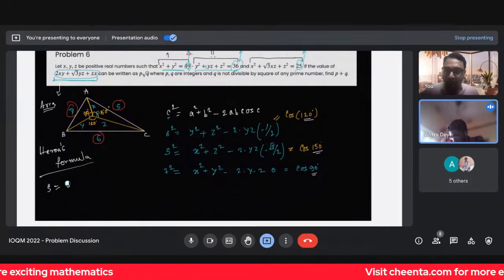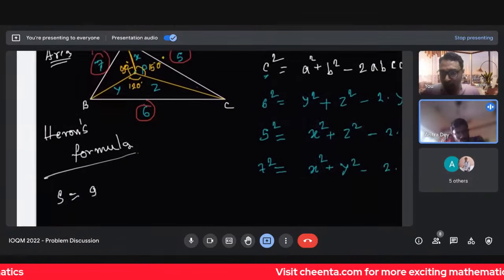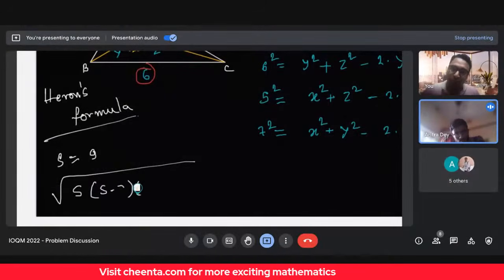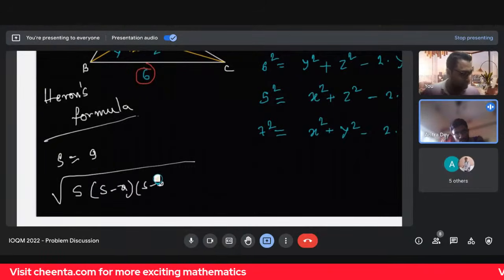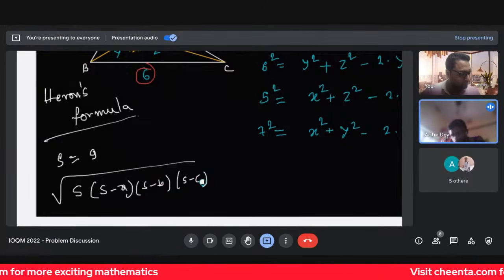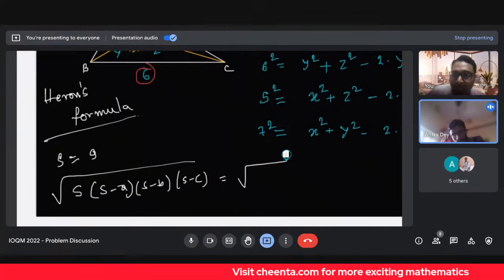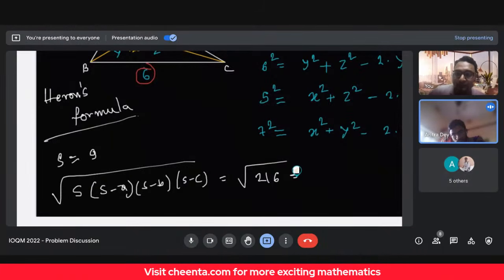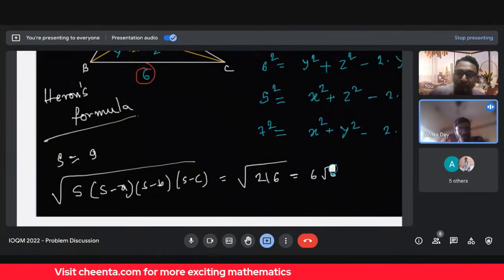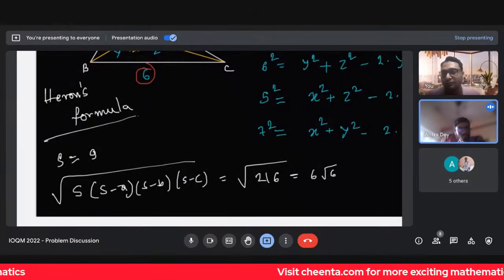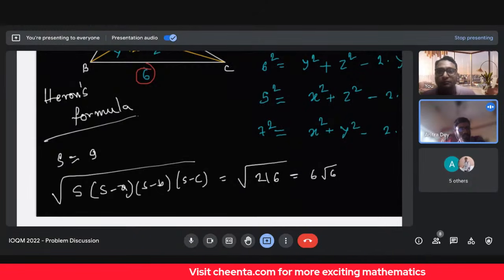If we use this classic formula, root over S times (S minus A) times (S minus B) times (S minus C), you find the area is root over 216, which is 6 root 6. Whatever, the calculation part is not very serious, just understand the concept. At least to me, calculation is not important.